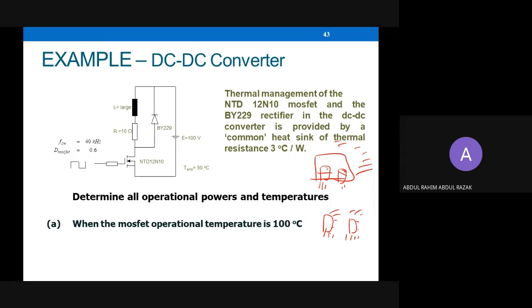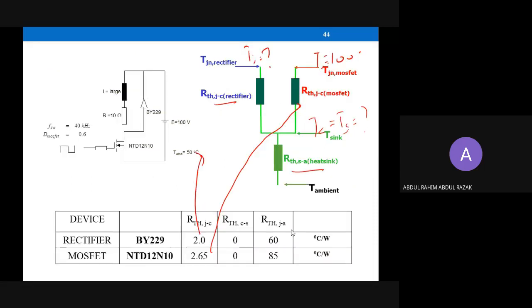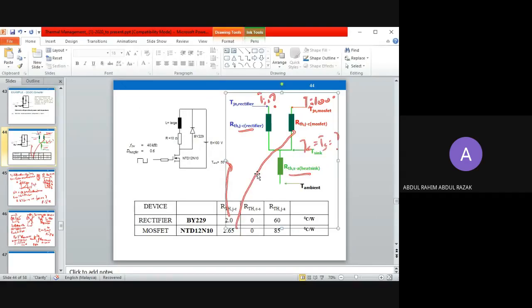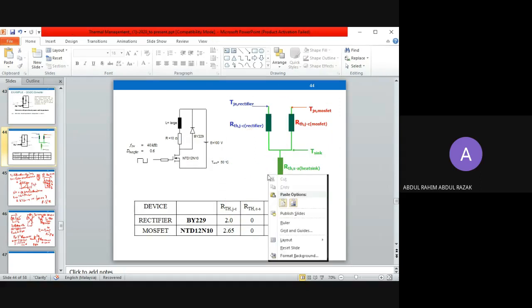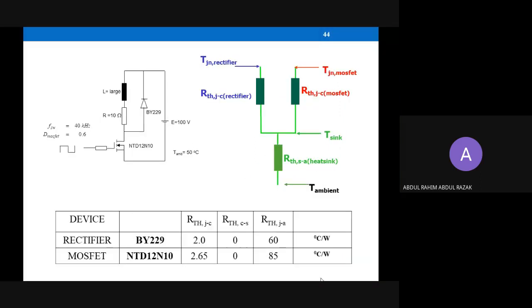For this example, we consider that the TJ of the MOSFET is at 100 degrees C. If we want to operate at 100 degrees C, what happens to the other specs or scenario of the switch? When we redraw it as a thermal circuit, it will be like this.